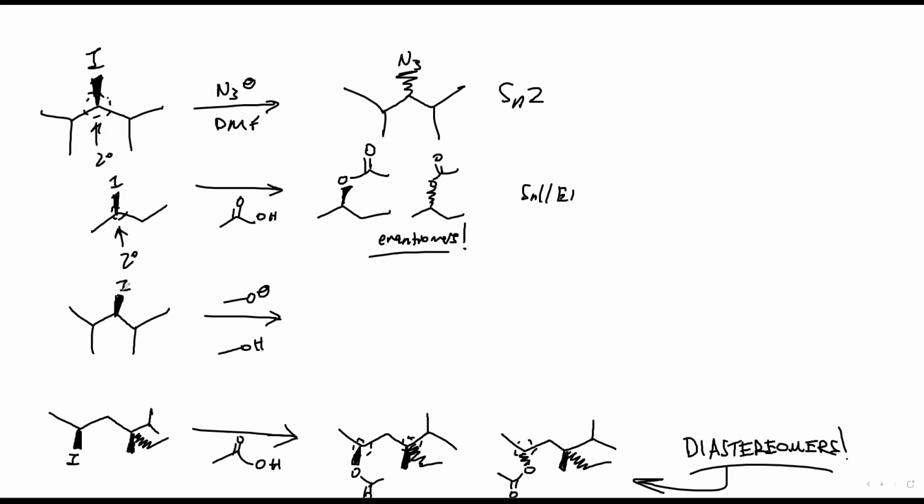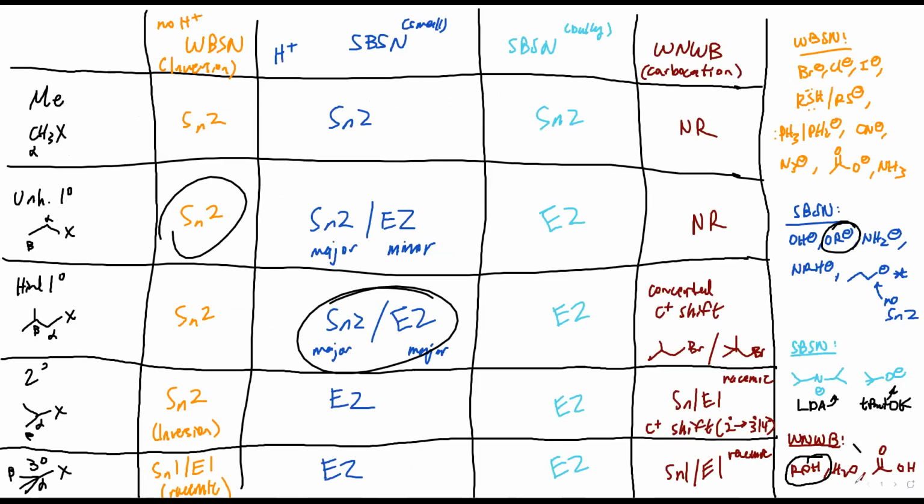What do you guys predict is going to be the reaction if it's RO minus? Okay, so we can go back here. What would we predict the reaction to be if it's going to be RO minus and it's secondary?